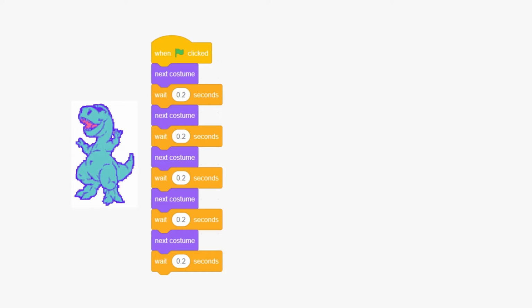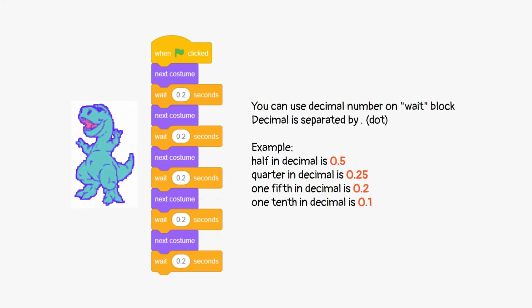One thing you should note, to put a decimal number in the Scratch, you have to use a period after number 0. So 1/5 in decimal is written as a 0.2.